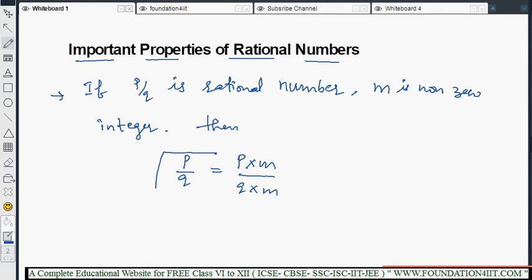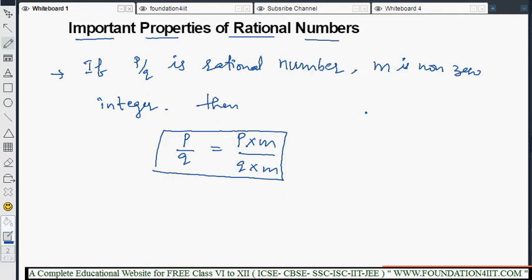So now these both are equal. P by q is equal to p into m by q into m.